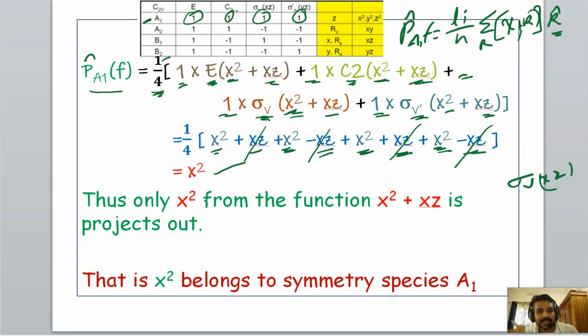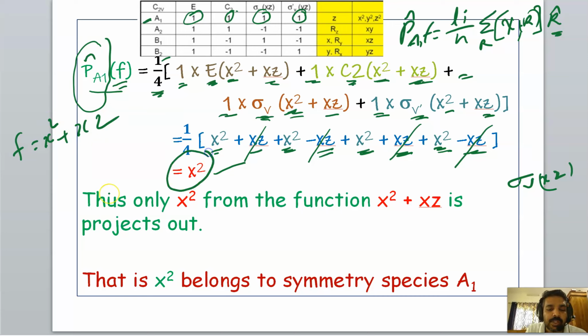That is the projection operator A1 having symmetry A1 acting on the function f, that is x square plus xz, then it projects out only the x square part. It omits xz because xz has no A1 symmetry. We can see here x square has symmetry of A1, but xz has no A1 symmetry.